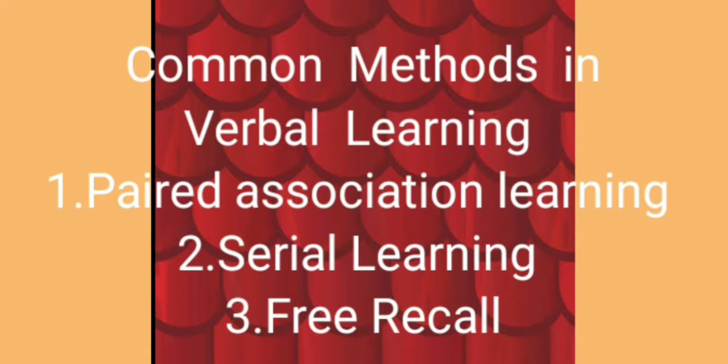The first one is paired association learning. As the name suggests, there is a pair. It involves 2 items. One item acts as a stimulus and the other one as a response to the same stimulus. Presentation of one word, that is the stimulus word, evokes the response, the second word, that is the response word.